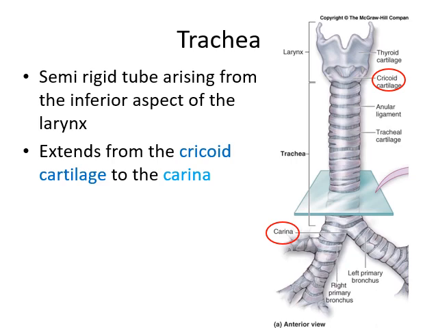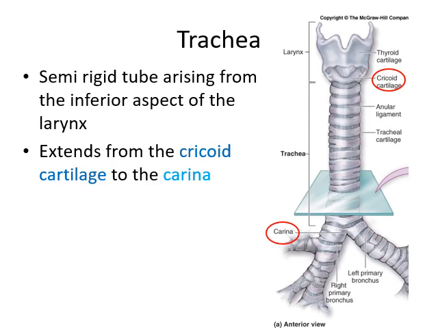So the trachea starts at the end of the larynx, which we call the cricoid cartilage, right? The cricoid cartilage is the ring of cartilage that is the only complete cartilage ring that you will see in the bronchial tree. So the trachea begins at the cricoid cartilage and then it ends at the carina, where it divides into two, right?